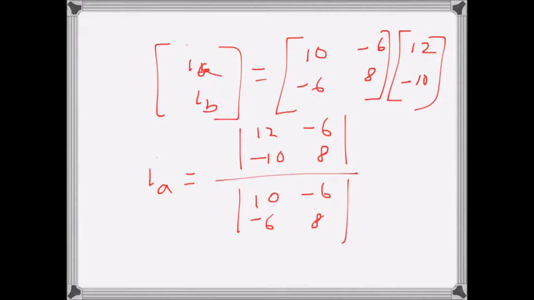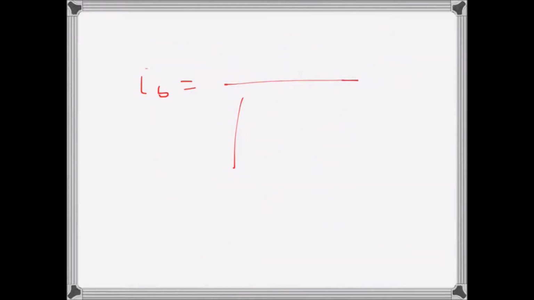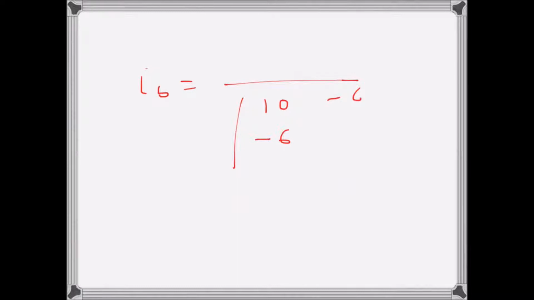So this one becomes 96 minus 60 over 80 minus 36, which is 0.82 amps. This is the current IA, and the other current IB will be, the denominator will be the same, so I'm writing it again, 10, minus 6, 12, minus 10.